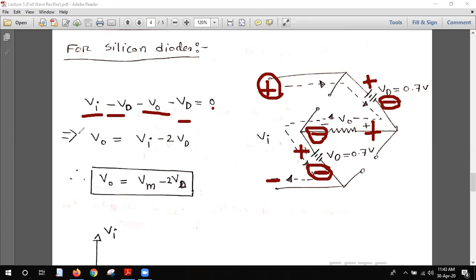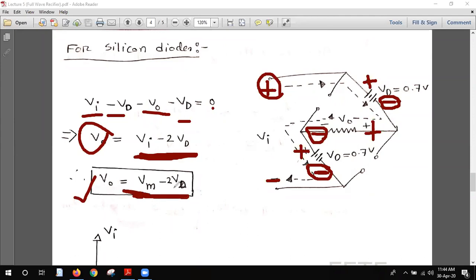So we need to find the output voltage. Basically the output VO becomes VI minus 2VD. As we know the peak voltage of our input is Vm, so the output will be Vm minus 2VD. The 2VD is for two diodes.